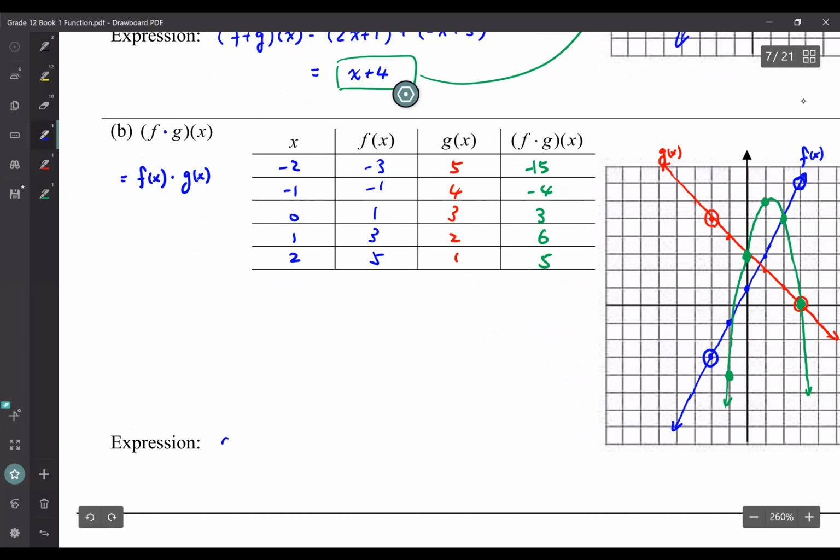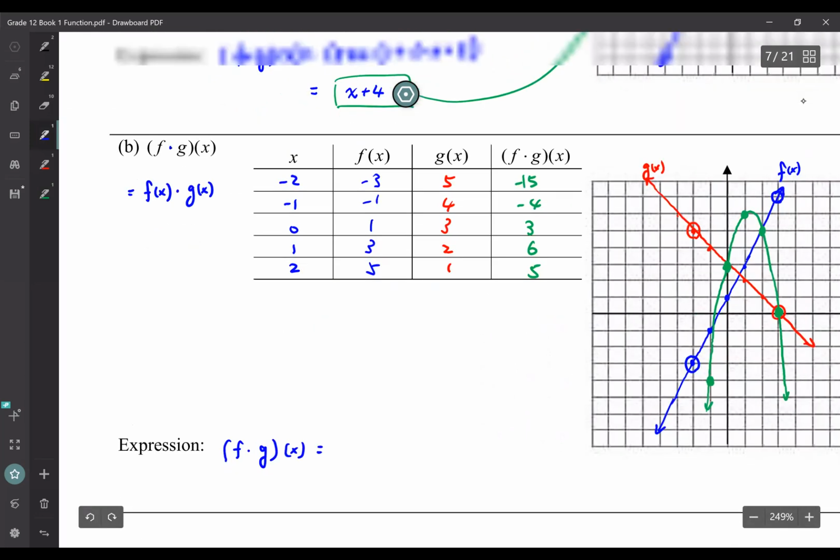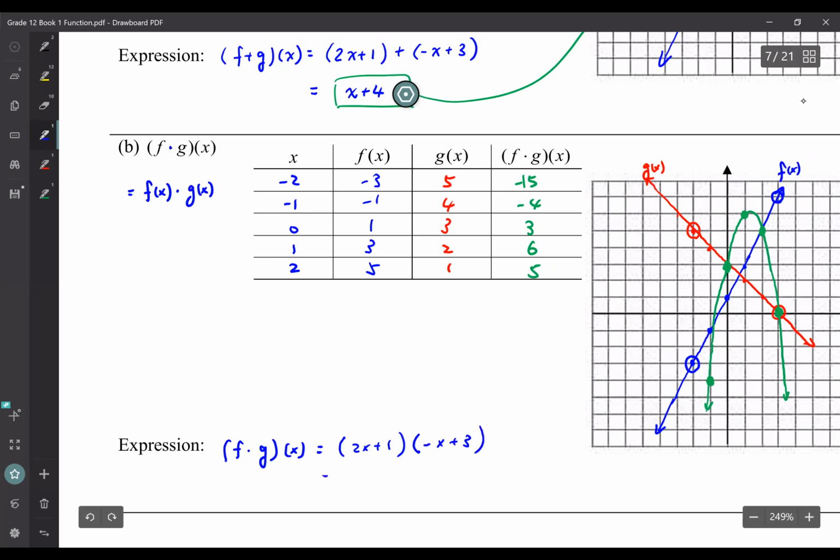So we have f times g of x. And our f is the same one. Remember now we are multiplying. So multiply by -x plus 3. So please expand this. Do your distribution, the FOIL, and combine like terms.